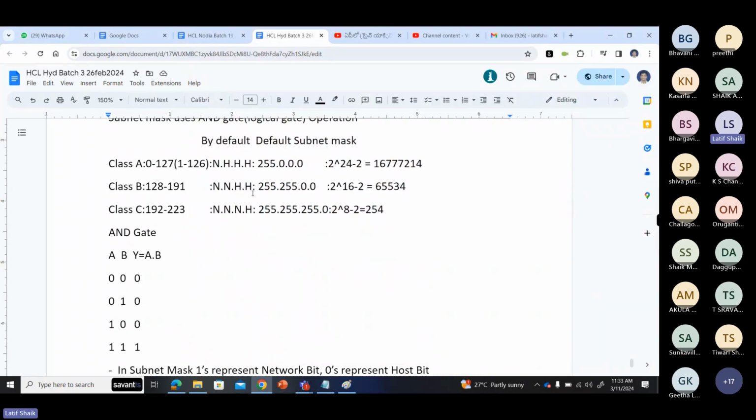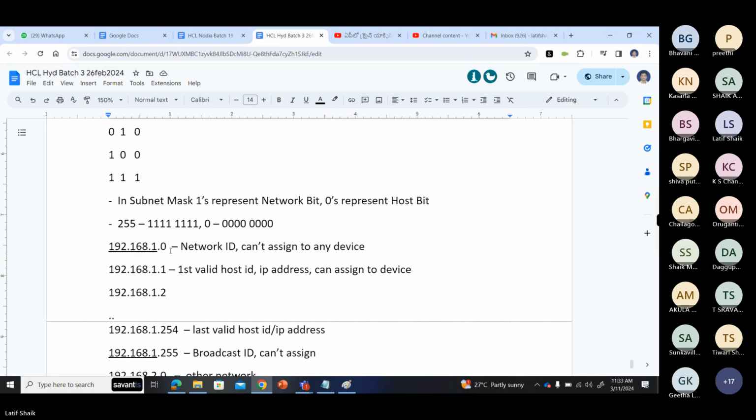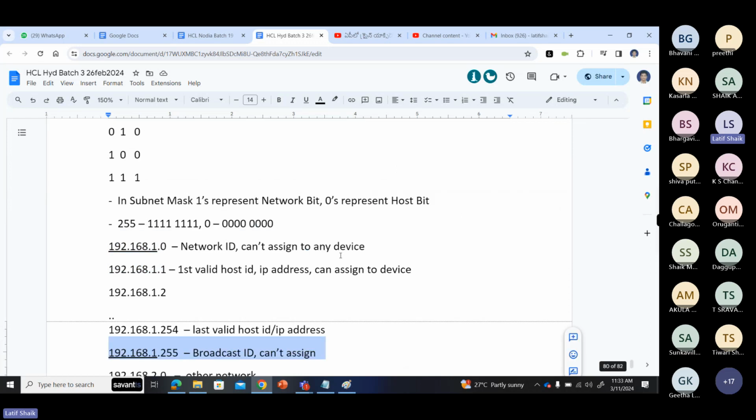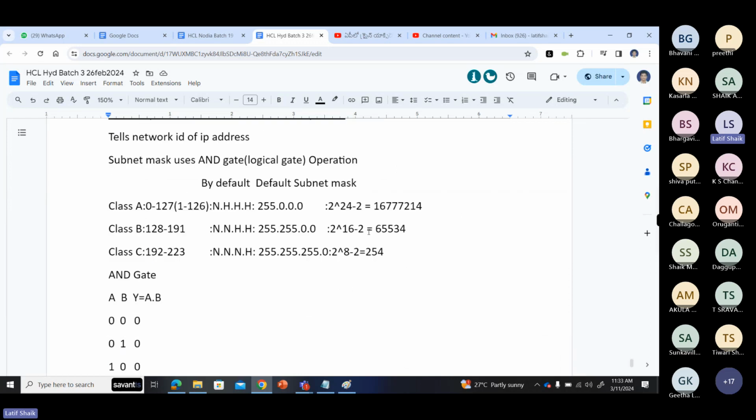So two host portions means 2 8s, 2 to the power of 16. It is 65,534. Why minus 2? Already I told. The very first one is the network ID, which we are not assigning to anyone. The very last one is the broadcast ID, which we are not assigning to any device. So these are the valid hosts, 65,534.